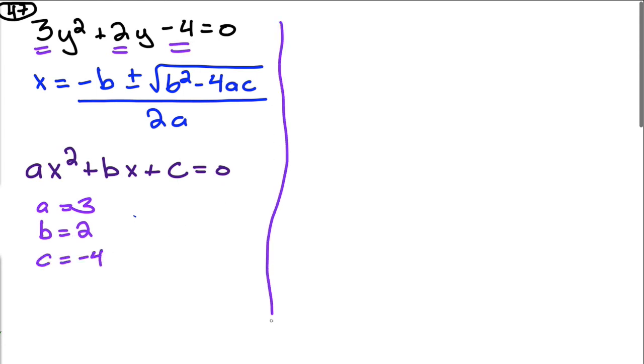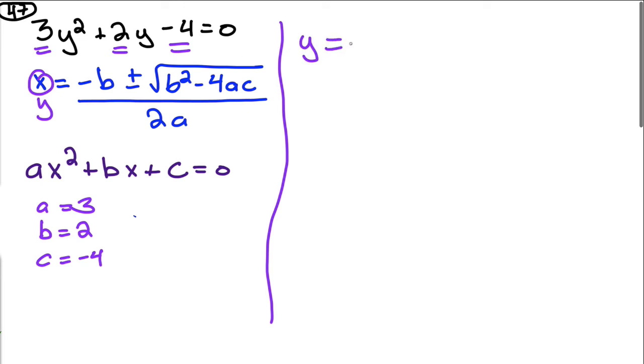Okay, so if we plug those into the quadratic formula, and actually I just now realized that I used x, but really I guess for this problem it should have been y. So sorry about that.